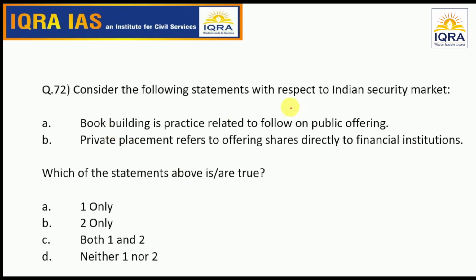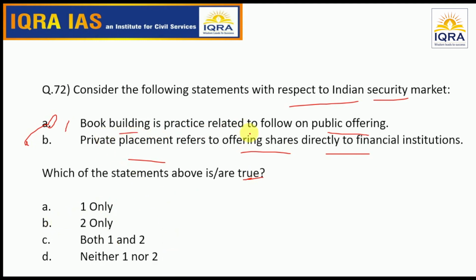72. Consider the following statements with respect to Indian security market. Statement 1: Book building is a practice related to follow-on public offering. Statement 2: Private placement refers to offering shares directly to financial institutions. Which of them are true?